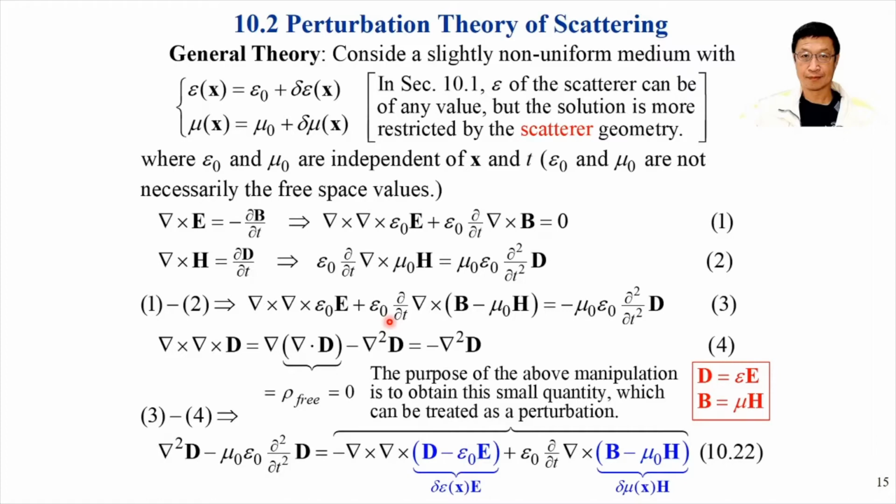Okay, and last terms epsilon 0 partial t curl of B minus mu 0 H here. And because of the perturbation, we know this part can be written as delta epsilon, position dependent, times E. And this part, delta mu, position dependent, times H. Interestingly, we have a minus sign here, but here is plus sign.